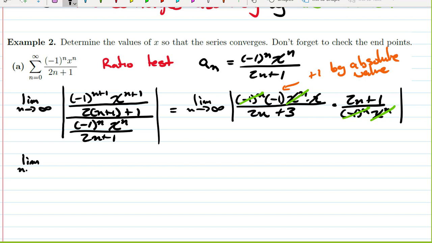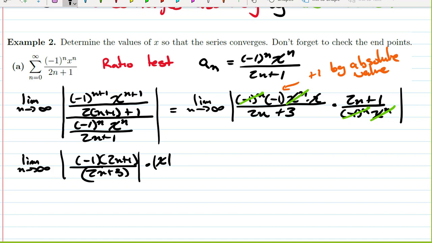So I have the limit as n goes to infinity of, now let's do it this way. The absolute value of -1 times 2n plus 1 over 2n plus 3 times the absolute value of x.